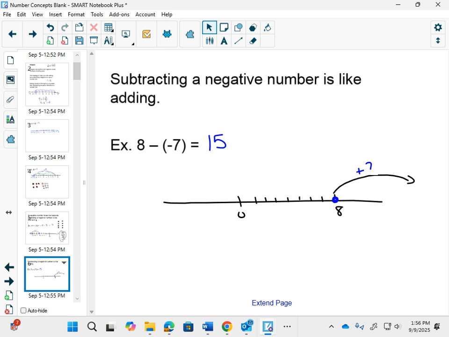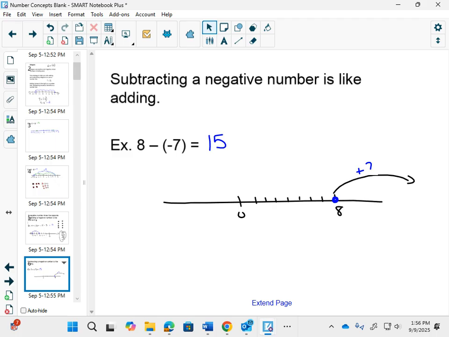And sometimes people think of it like money. 8 is like having $8. Negative 7 is like I owe Mr. Sher negative $7. So how much money do I have if I have $8 and I owe him $7? Once I pay him back, I should have only $1. But then Mr. Sher, because he's such a nice guy, says to me, you know what?